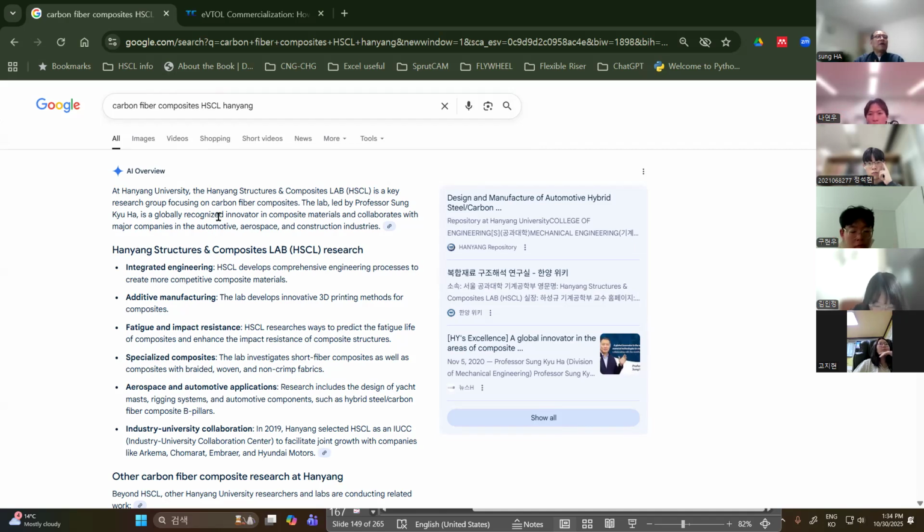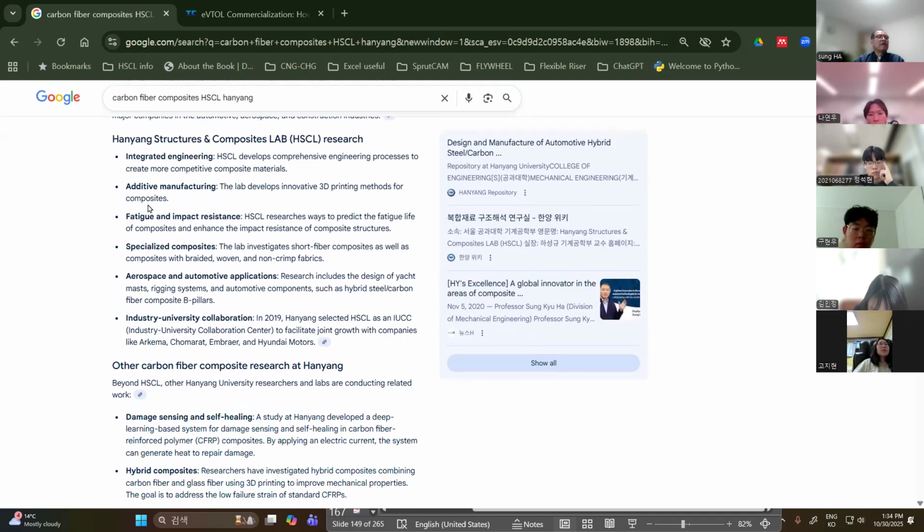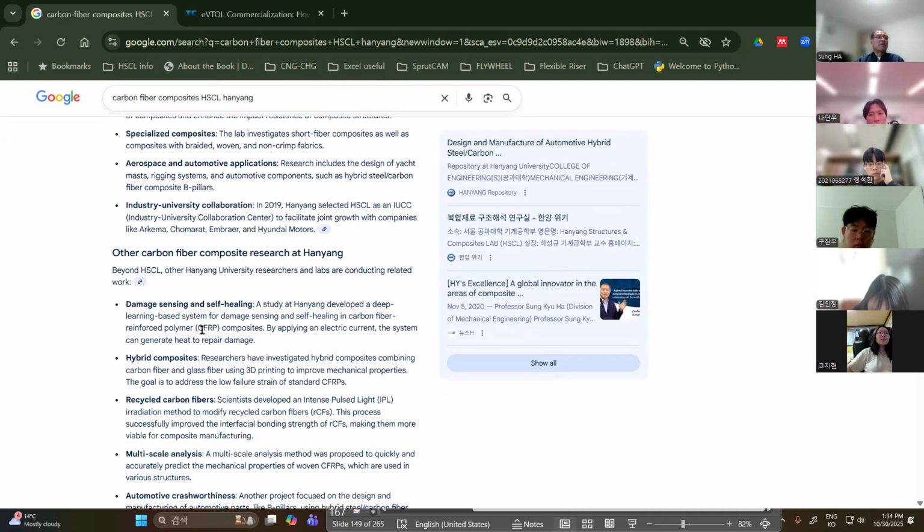Importantly, we integrate engineering and additive manufacturing, like 3D printing of carbon fibers, and fatigue and impact, specialized composite, aerospace and automotive, and industry-university collaboration.